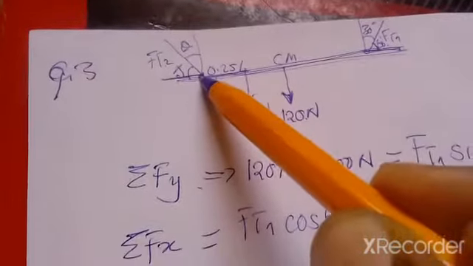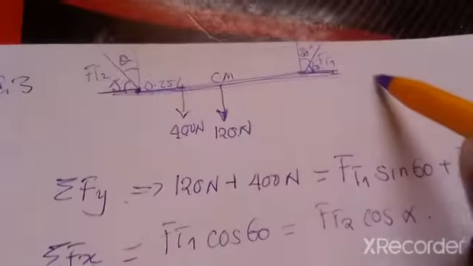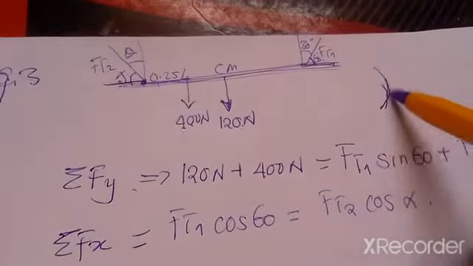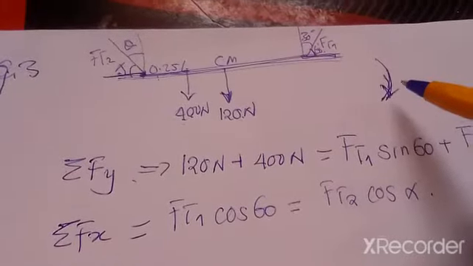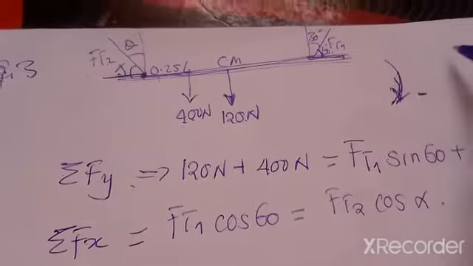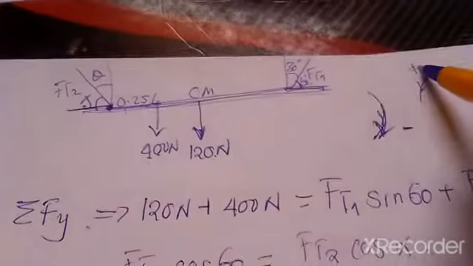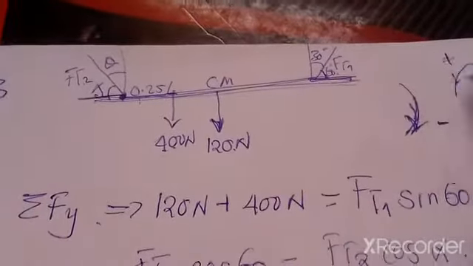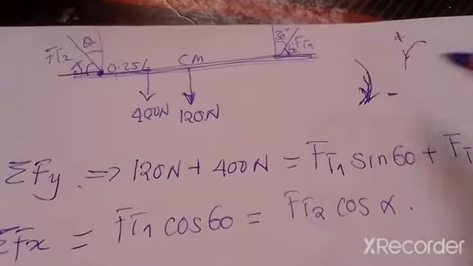So if we take the torque about this point, we are going to have the first one, like I said, if we have clockwise torque, clockwise torque we'll take as negative, and anti-clockwise torque will take as positive. Of course, you can change with your preference. If you want this to be negative, you can make it negative. If you want this to be positive, you can make it positive, depending on what you're comfortable with.